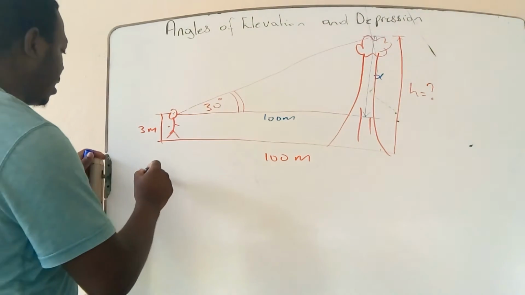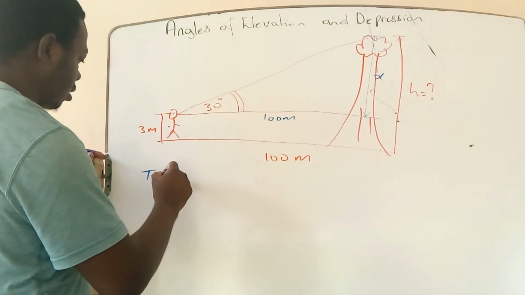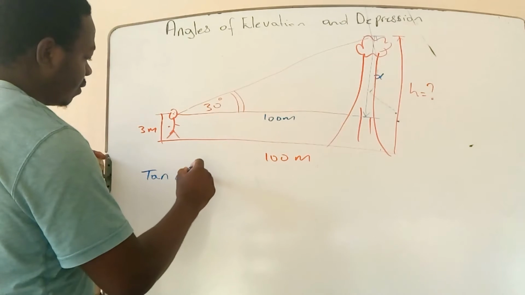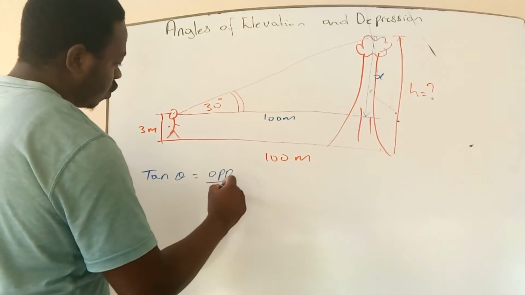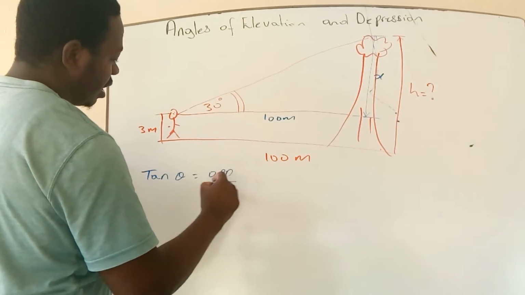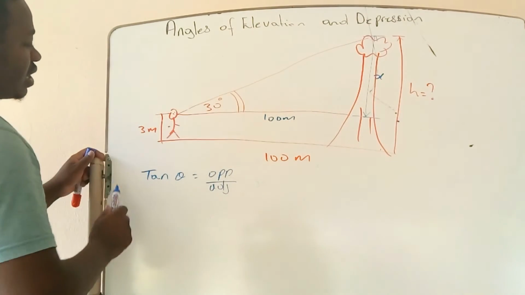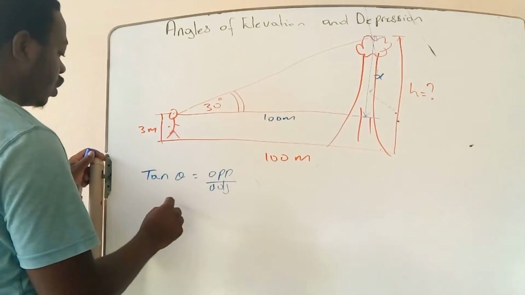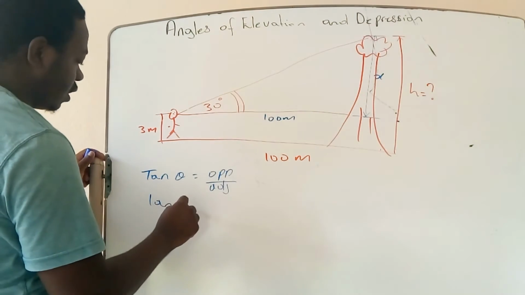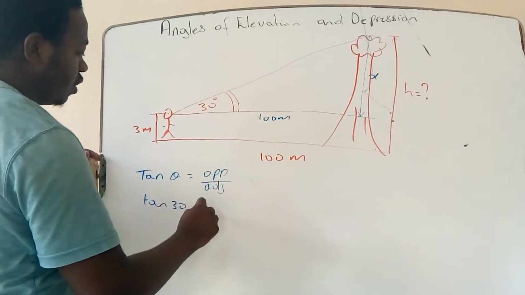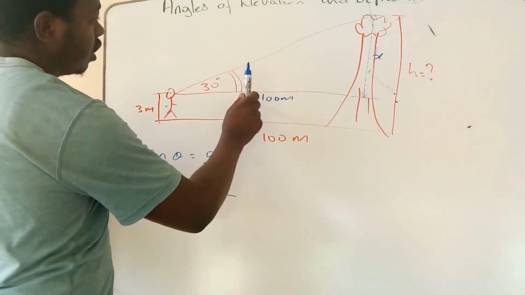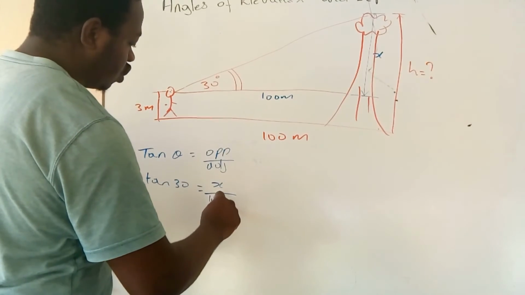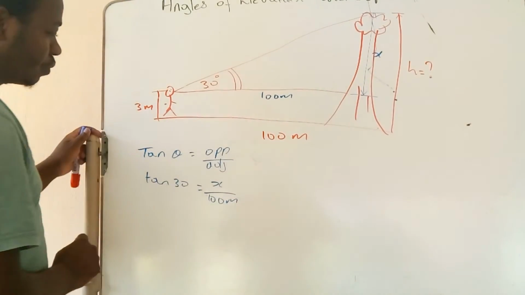So we know that tan theta is equal to the opposite length over the adjacent length. What is theta in this case? Theta is 30, right? So we know that tan 30 is equal to the opposite length, which is x, all over the adjacent length, which is 100 meters.